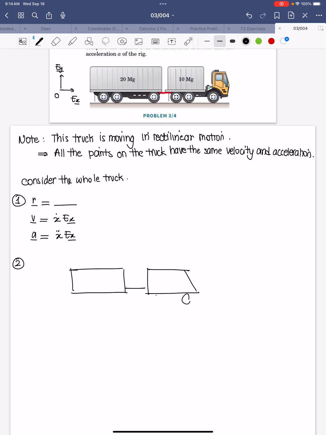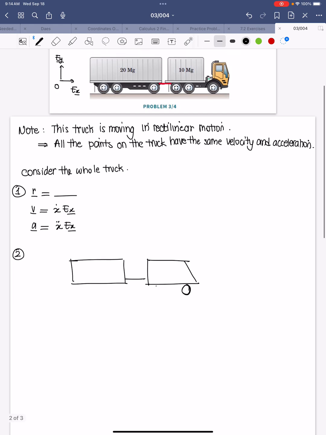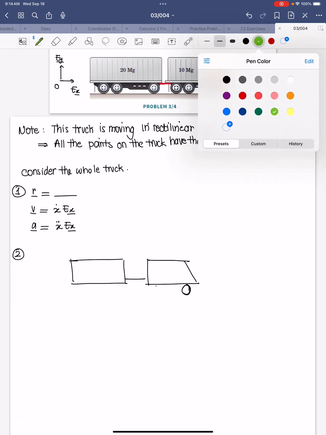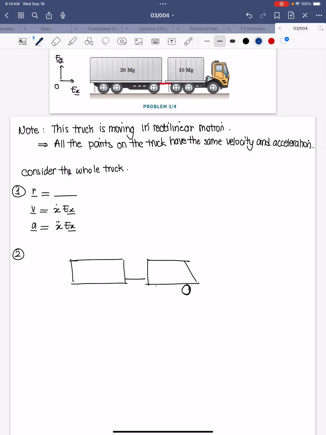Okay, and we have the front wheel as the important one, and the forces that are acting on it are the weights, W2 of the back, W1 of the front, a normal force at the front, and the normal force at the back.